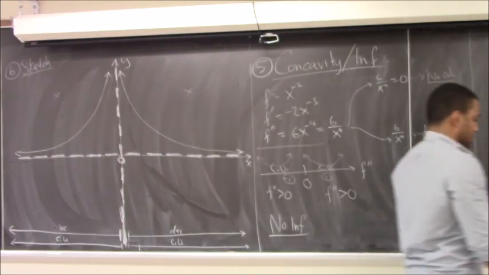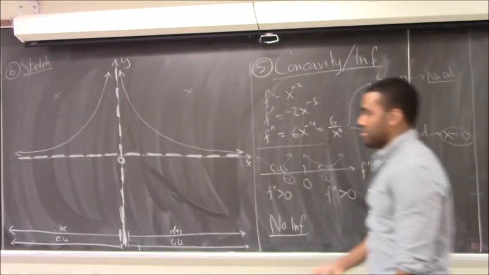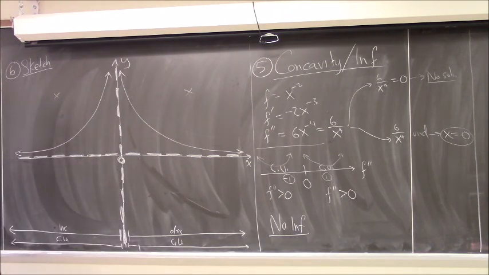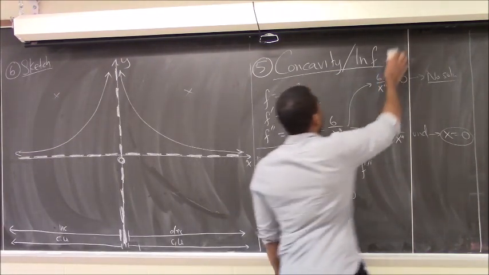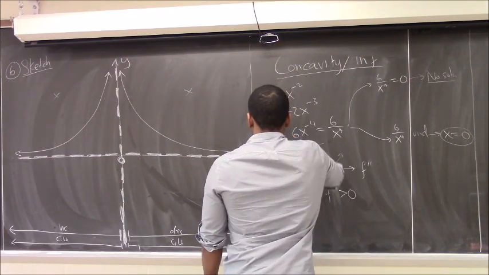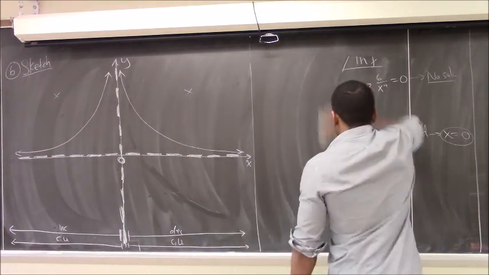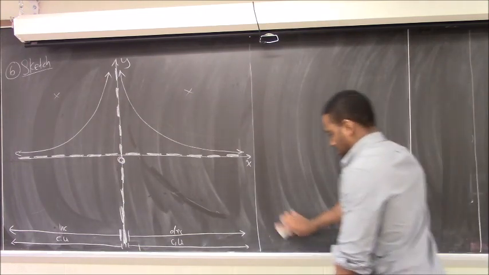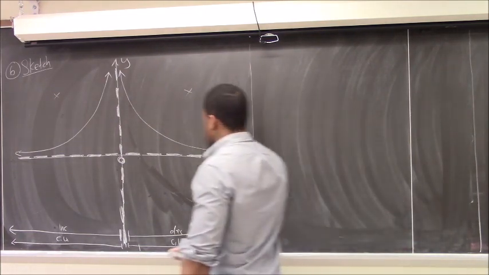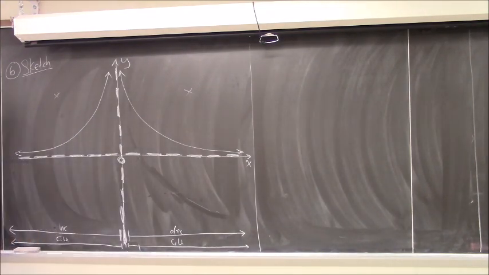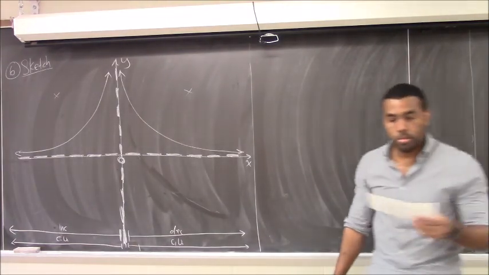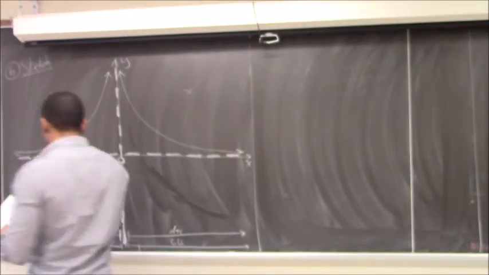Let's do another example. It's something you have to get used to. Move on to part B. A little bit more complicated, but it's still a polynomial, so it shouldn't be too crazy.